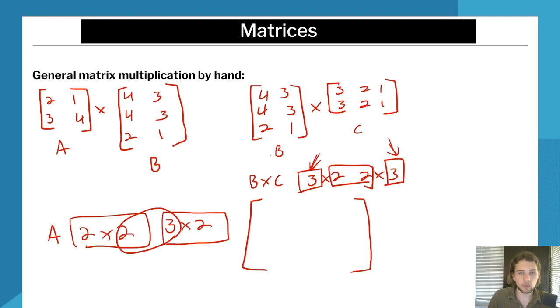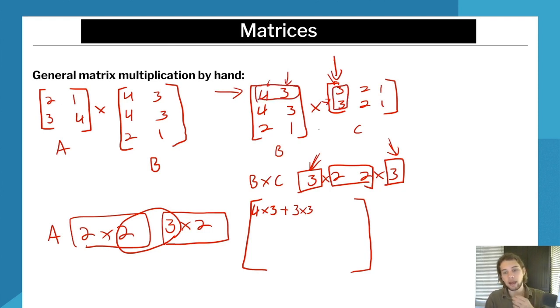How we find that is we multiply the first row of B by the first column of C. So we do 4 times 3. That's this 4 times this 3, plus 3 times 3. That's this 3 times this 3. So this multiplied by that, in order.